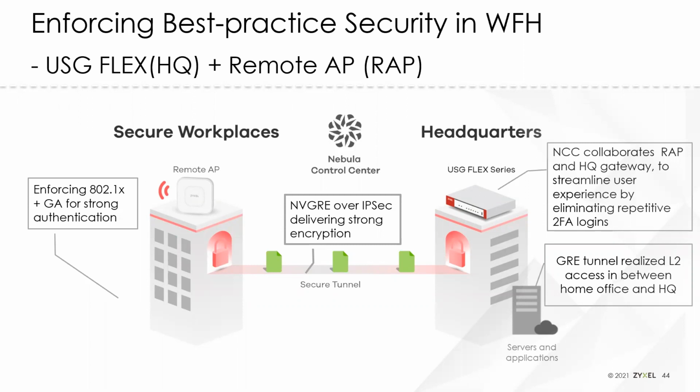You simply give them an access point that you've configured to use the Secure Wi-Fi feature, and it creates an SSID that uses 802.1x authentication and can use two-factor authentication before your wireless users can connect to it. But when they connect to it, it essentially creates a VPN tunnel back to the office.